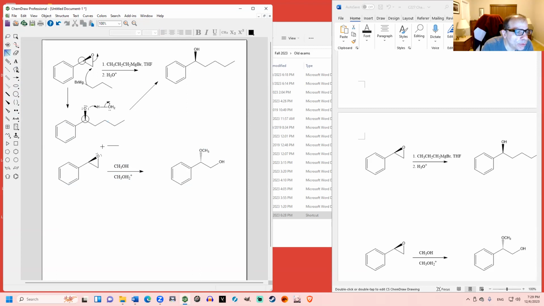And remember, the first thing we do in acidic conditions is protonate the oxygen. And the reason that we protonate the oxygen is because we can't just have a nucleophile attack the carbon, because if we did, then we would get an oxygen with a minus charge. And you can't have an oxygen with a minus charge in acidic solution. It's too alkaline.